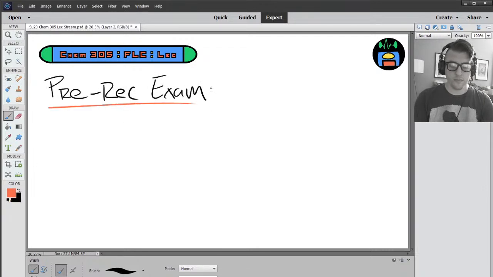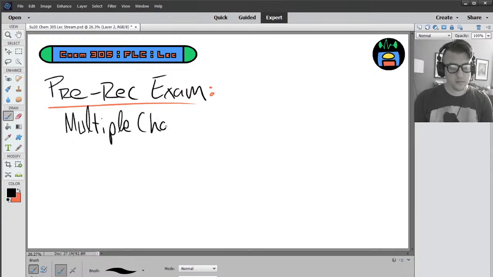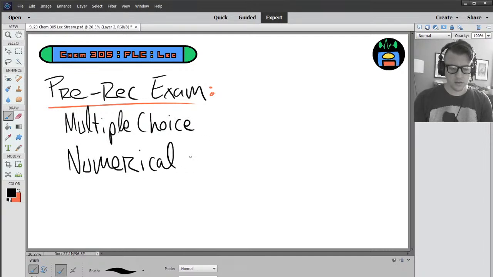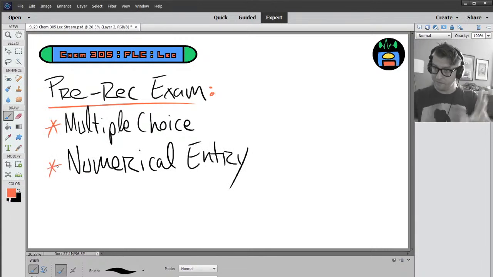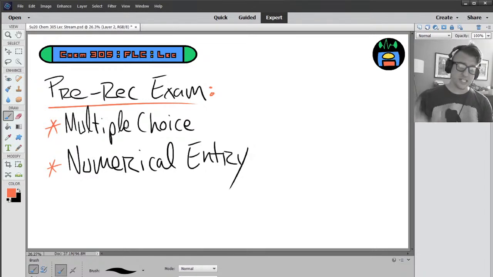For the prereq exam, there are multiple choice and numerical entry problems. So there are some problems where you're given a problem and you've got to pick the right one out of so many options. There are other ones where you actually have to calculate, like solve for x, find the value, and then enter it. So that's the format.